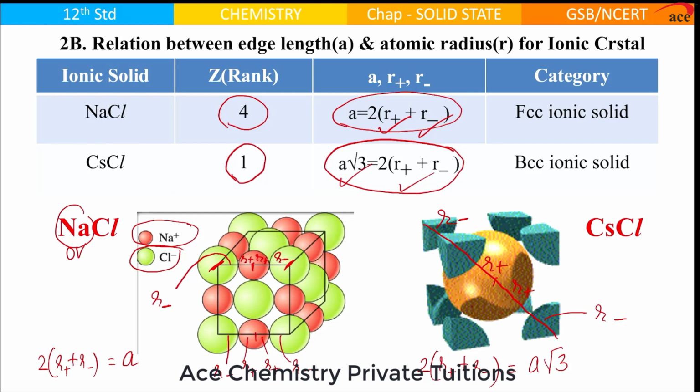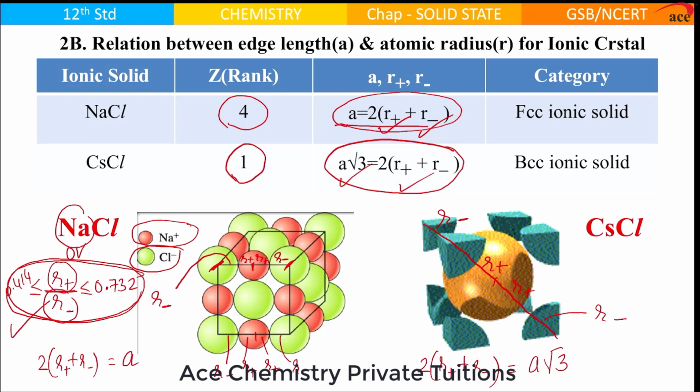Because Na+ is present in octahedral void, for NaCl-like solids, the radius ratio will lie between 0.414 to 0.732. For NaCl-like solid, we should use this formula if there is only one data out of the two. If there is only one data out of the two, this formula should be used.